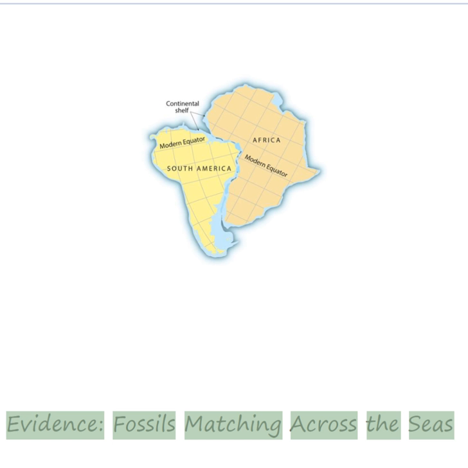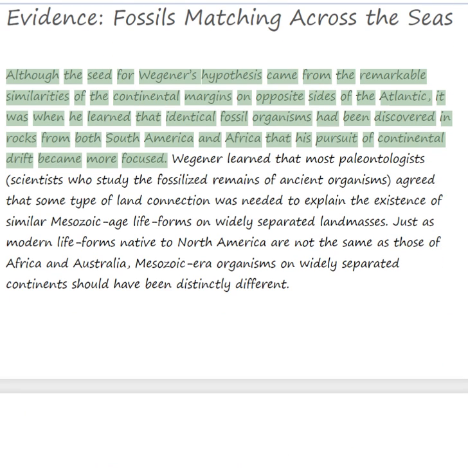Evidence: fossils matching across the seas. Although the seed for Wegener's hypothesis came from the remarkable similarities of the continental margins on opposite sides of the Atlantic, it was when he learned that identical fossil organisms had been discovered in rocks from both South America and Africa that his pursuit of continental drift became more focused.